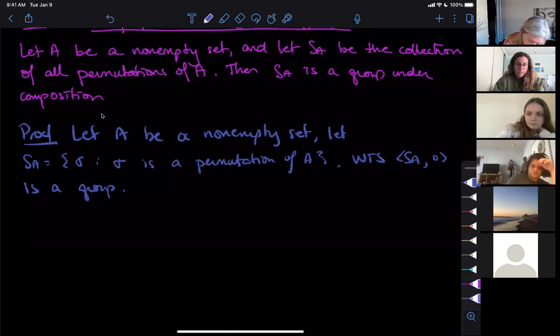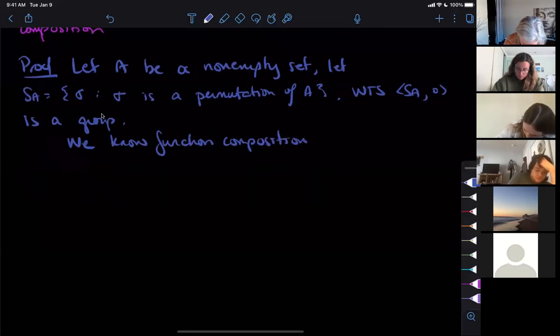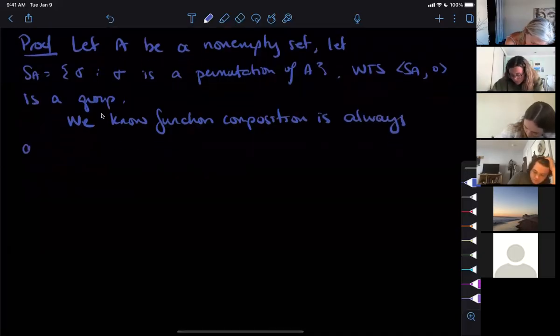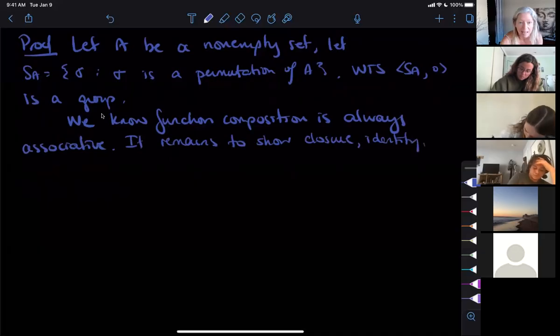So we know function composition is always associative. So it remains to show closure, identity, inverses. This is really some slang, but I think you know what I mean by these, so I'm going to stick with that slang.